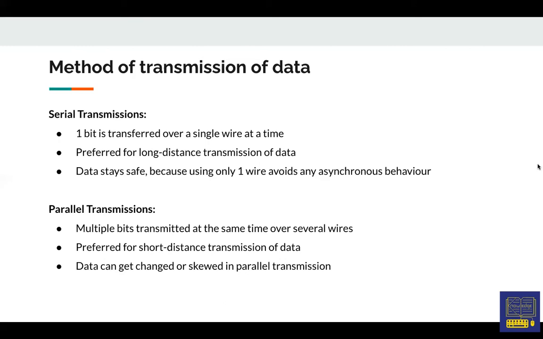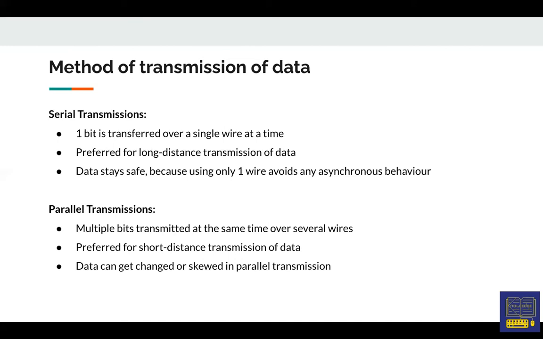Now coming to why. The thing with serial transmissions is that since you're sending data one after the other, the order of data is less likely to get mixed up, and your data will stay safe over a long distance because you're using only one single wire. When you're using parallel transmissions, you're using multiple wires, and you're sending data all together at the same time.